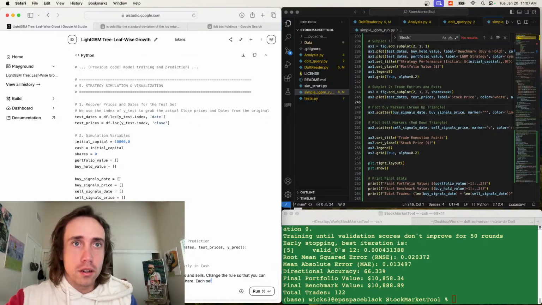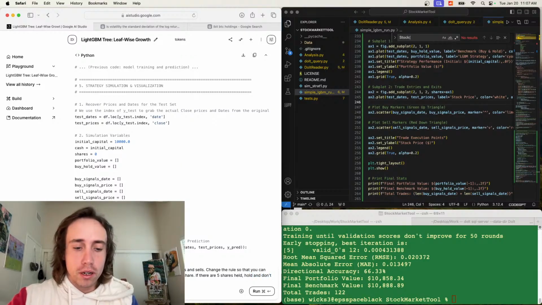Each sell signal, you should sell a single share. If there are 5 shares held, hold, and don't buy additional.